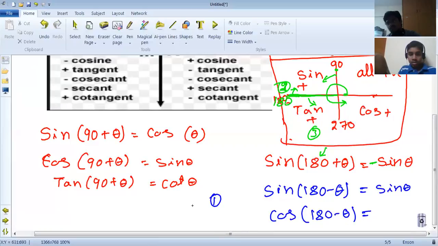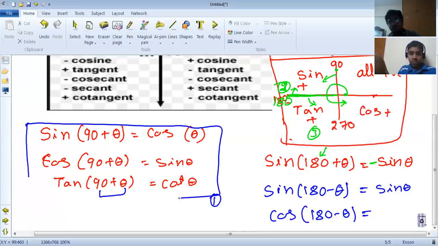If it is 90 plus or 90 minus something, then you go for this: sine will become cos, cos will become sine, tan will become cot.